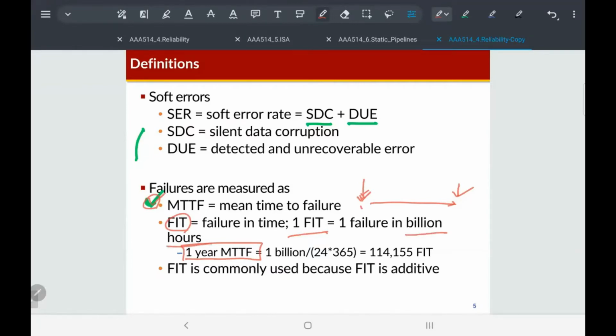Consider a billion hours; it's a very long time. So a 1-year MTTF is equivalent to this FIT. So we can use MTTF or FIT for measuring the reliability of a computer system.